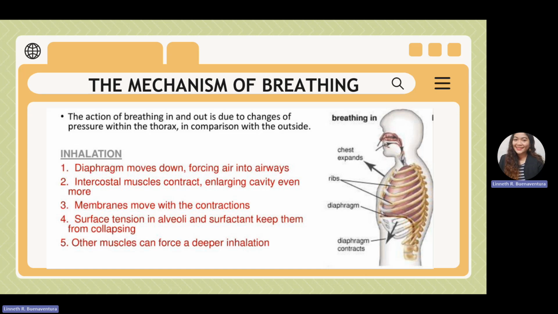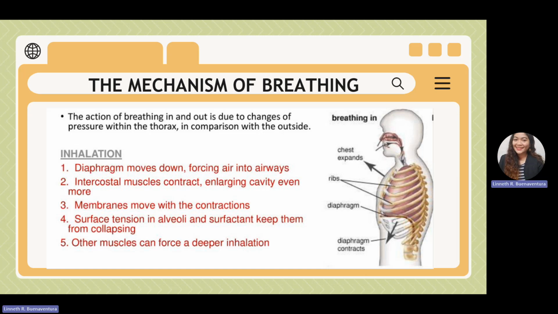What is the mechanism of breathing? The action of breathing in and out is due to a change of pressure within the thorax in comparison with the outside. In inhalation, the diaphragm moves down, forcing air into the airways: the nose, the larynx, pharynx, and then the bronchi up to the lungs and air sacs.